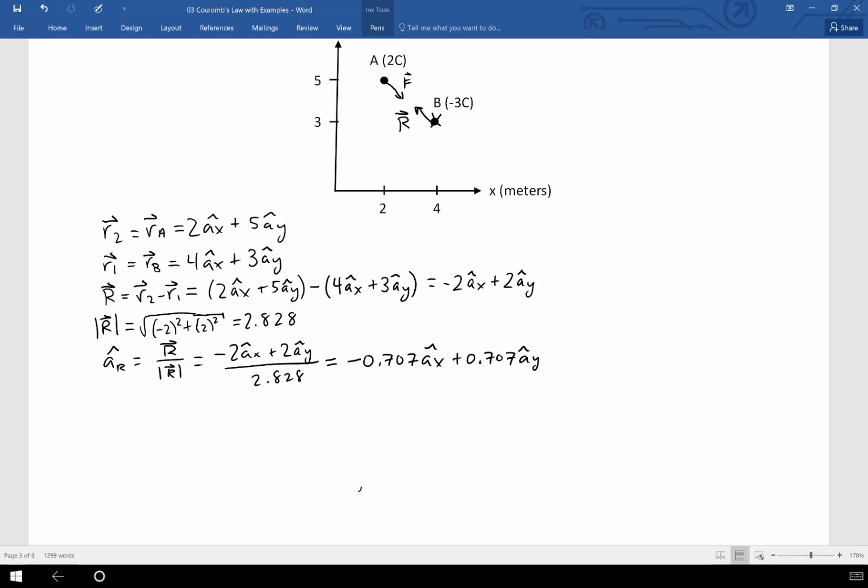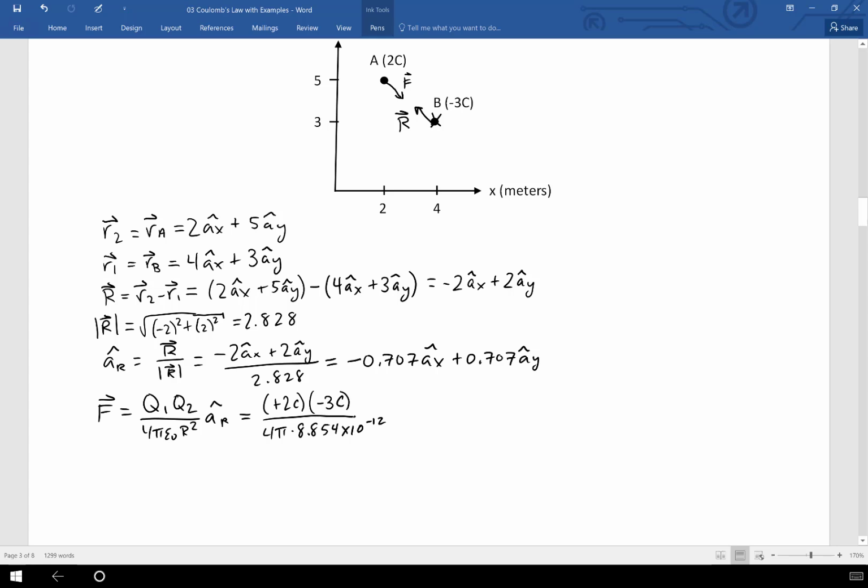But the force in this case is going to be Q1 Q2 divided by 4 pi epsilon 0 r squared times A sub r. Well, Q1 is going to be positive 2 coulombs, and Q2 is negative 3 coulombs, and that's all divided by 4 pi times 8.854 times 10 to the minus 12th.